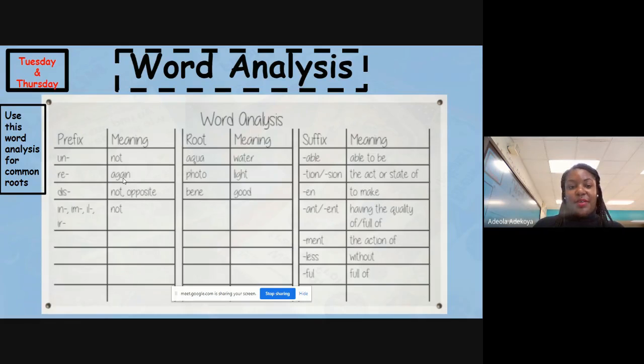So restart would mean to start again. Dis is another prefix, which means not or opposite. So an example would be to disconnect, which means to not connect. All right, in, im, ill, ir all mean not. So a word like impossible means not possible.